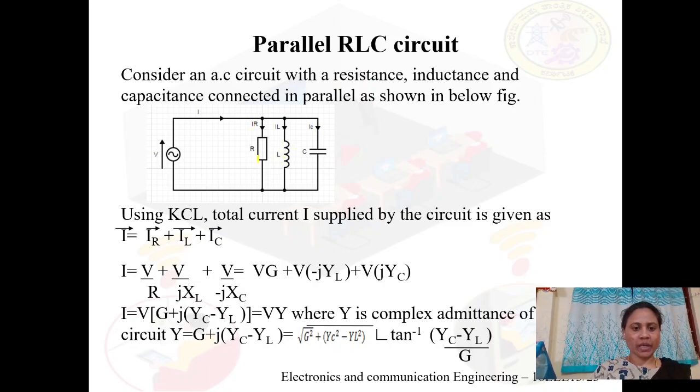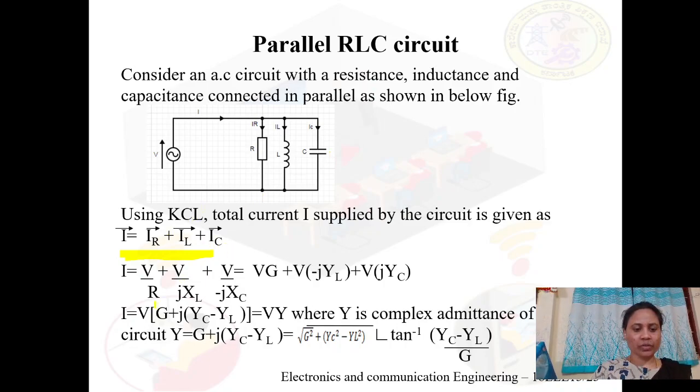IR is V by R, IL is V by XL or V by omega into L, and IC is V by 1 by omega C. So by applying KCL, we can write I as the vector addition of IR, IL and IC.